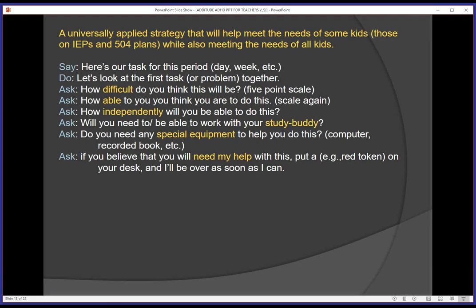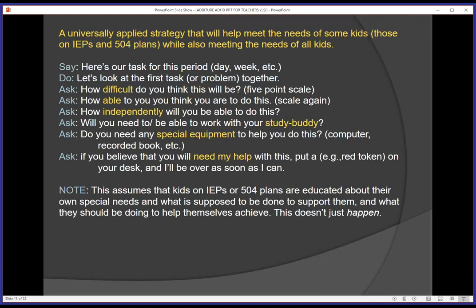Put a green token on your desk. That means you need a little help, but you've got something to do in the meantime until I come to get to you. If you put a red token, it means you're dead in the water. It means you can't take a step farther without my assistance. I'm going to be looking for those color cues.